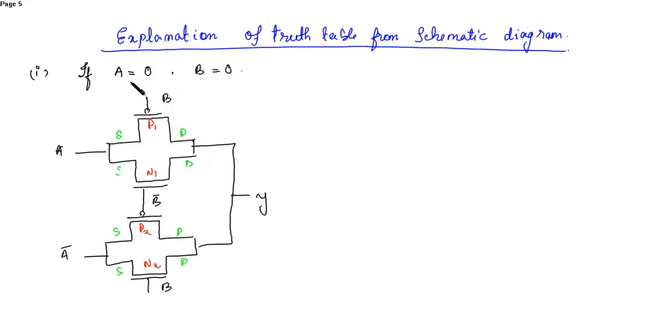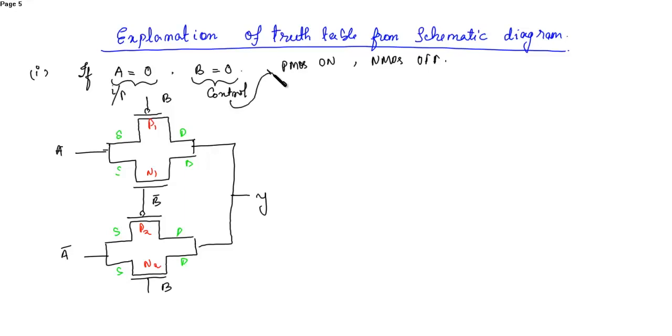Okay, now when A is 0, then certainly the PMOS will turn on and NMOS will turn off for both the cases. So here P1 and when A is 0 and B, right? So A is the input actually over here, A is the input while B is our control signal.